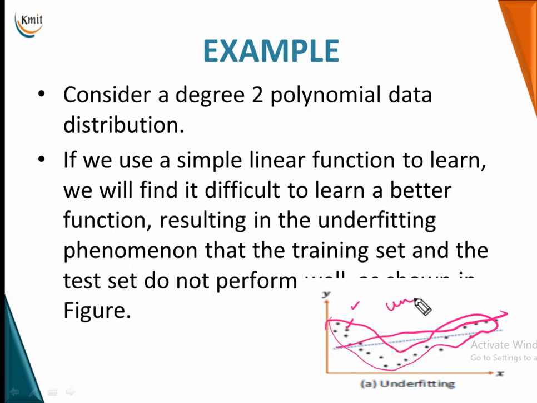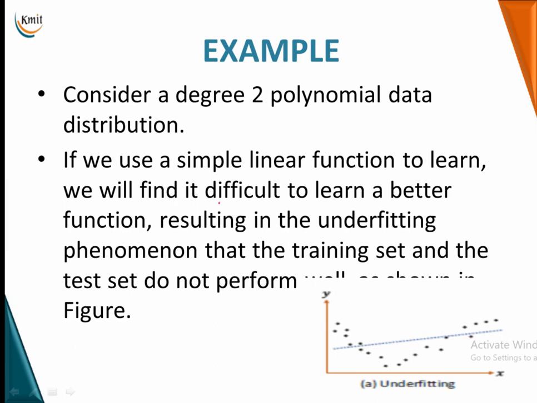So this is a clear case of underfitting, wherein it is not even going to train well. It is not going to perform well on the test data either, because you can very clearly see where the samples are and where you are trying to fit your complex data set, right? So your fit curve is not actually a best fit curve. It is an underfit curve, wherein it is not even able to train properly, right? Forget about testing. So this is the clear case of underfitting.